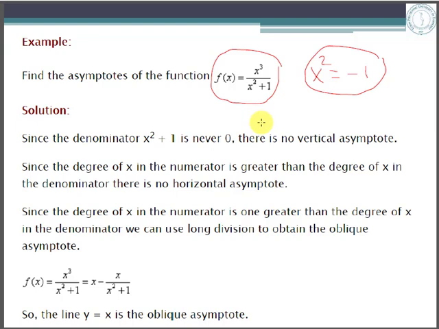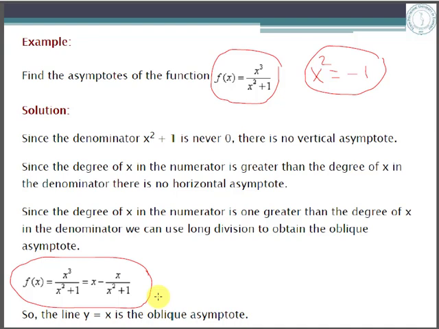And now we can find only the oblique asymptote of this function. So how to find it? By long division. So we get this function.